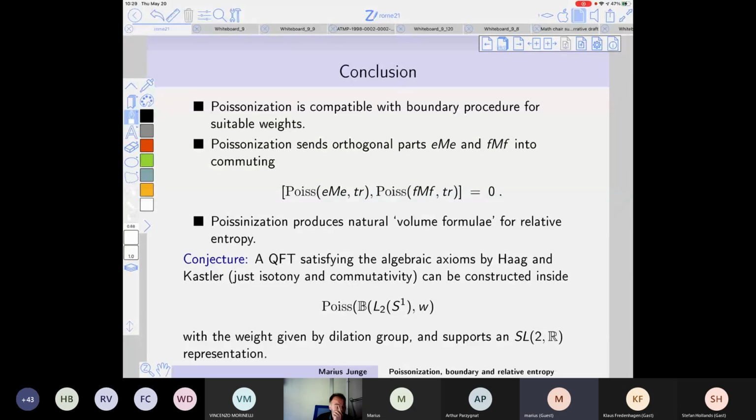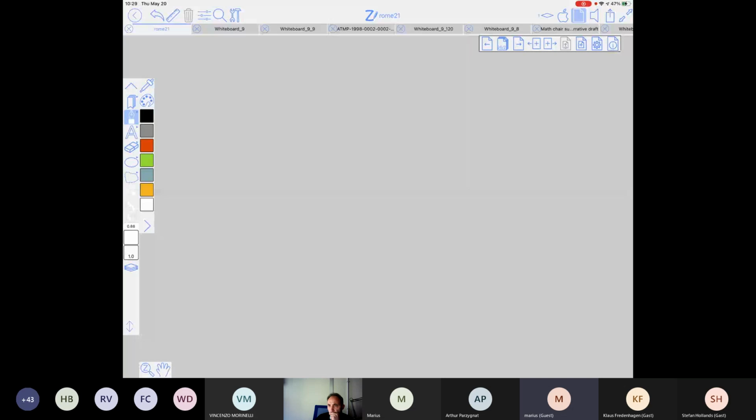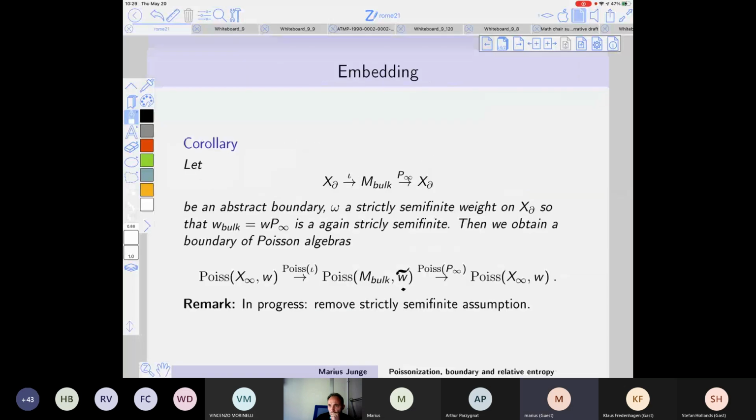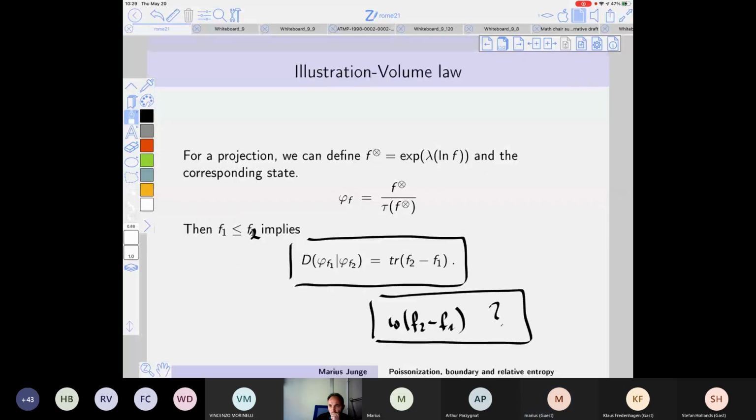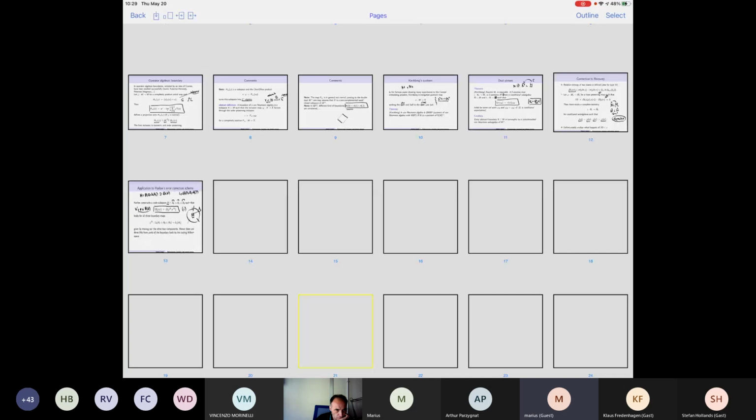And just for your information, if you look at this formula here, it also tells you that you can only do this for relatively small perturbations, right? F2 minus F1 has to be trace class. So it's not for large perturbations, it doesn't work because this number here often will be infinite, and that is a model case. So that's what I wanted to say there.